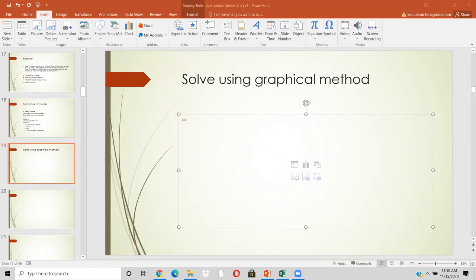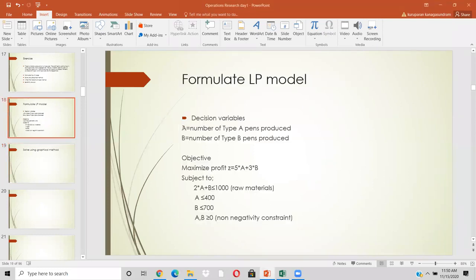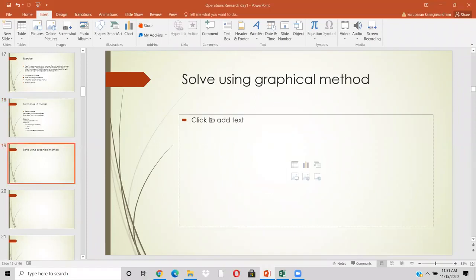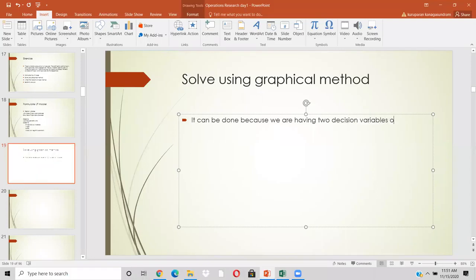Because there are two variables only. The important thing is that the number of decision variables here is only two, so it can be done because we have two decision variables only.